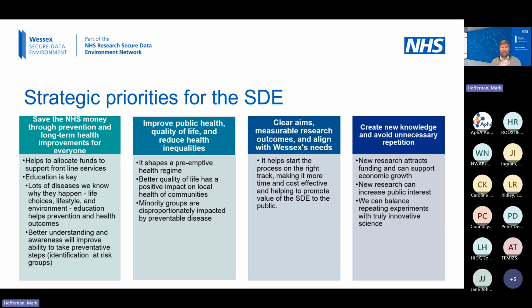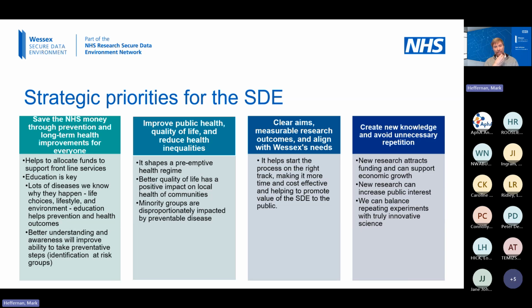So in terms of the priorities, what is the SDE focused on? We want to save the NHS money through prevention and long-term health improvements. So how do we allocate funds best to frontline services, improving public health and quality of life, and this idea of minority groups being disproportionately impacted by preventable disease. How can we address that using the SDE?